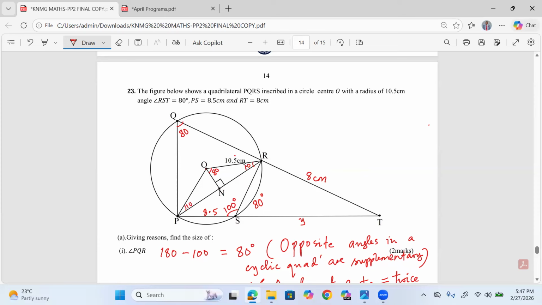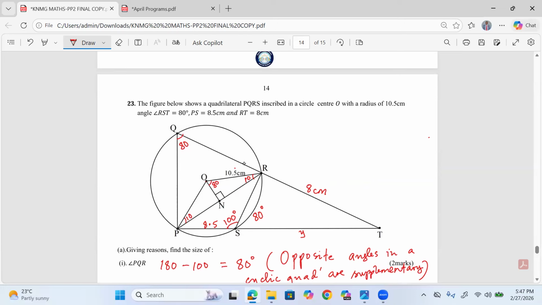This is also 10. So can we talk of NR first? We use Pythagoras theorem: 10.5 squared minus ON squared, which was 1.823, also squared. Then we find the square root.